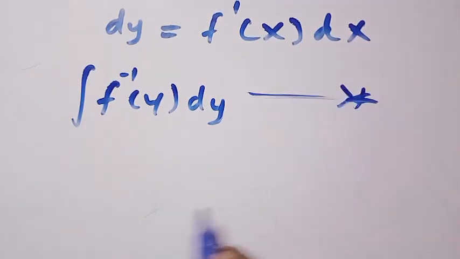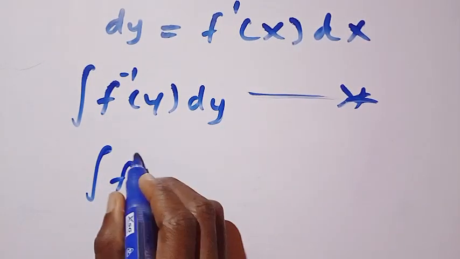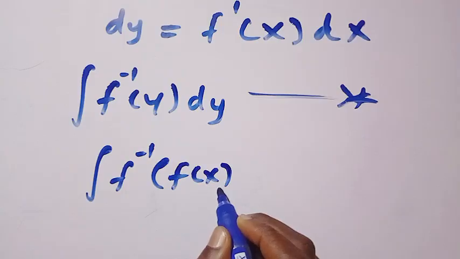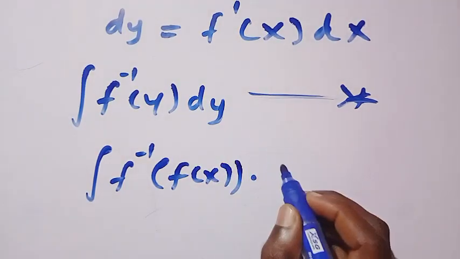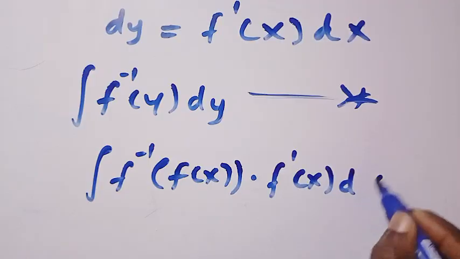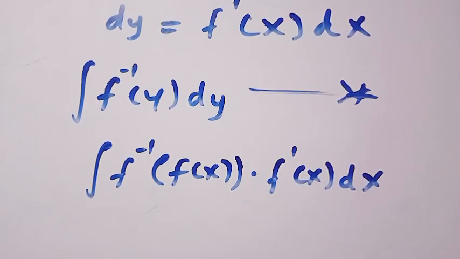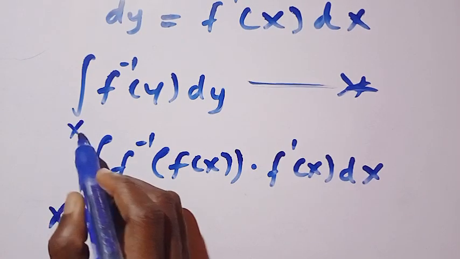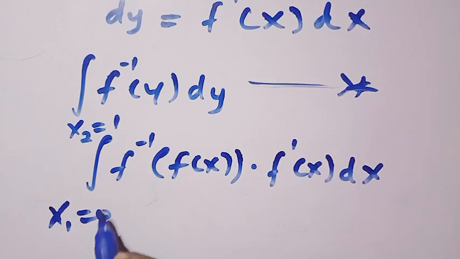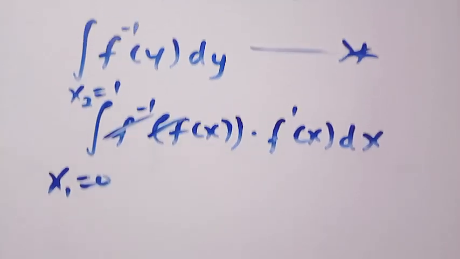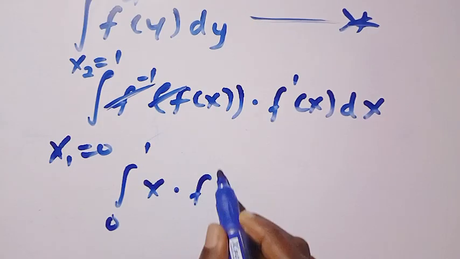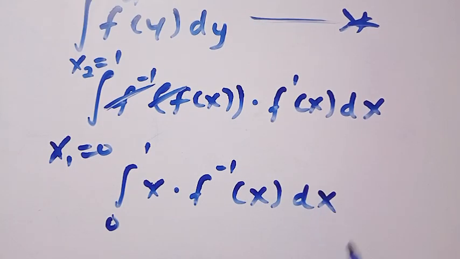So by replacing it here, we have the integral of f inverse of f of x, multiplied by f prime of x dx. Since we have changed everything to x, we now introduce the normal limits, x1 equals 0 and x2 equals 1, from the lowest to the highest limit. And f inverse cancels f. This shows that we have the integral from 0 to 1 of x multiplied by f prime of x dx.